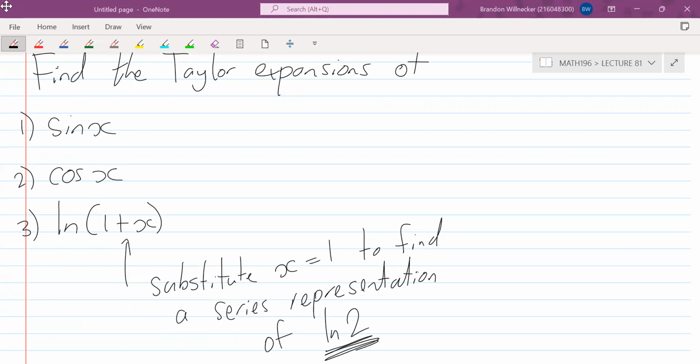That is if you find the Taylor expansion of arctan of x, we'll cover that later. If you find the Taylor series expansion of that, you substitute a certain value of x, you can find the series expansion for pi. And other series expansions as well. But that will be done in the other homework problems.